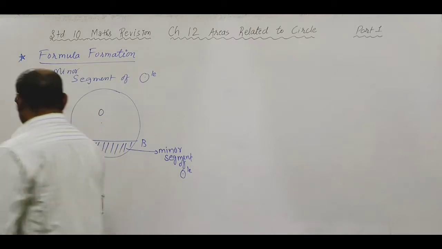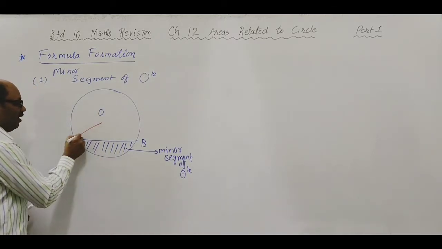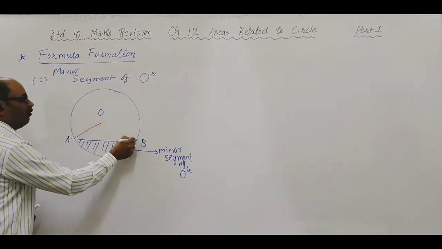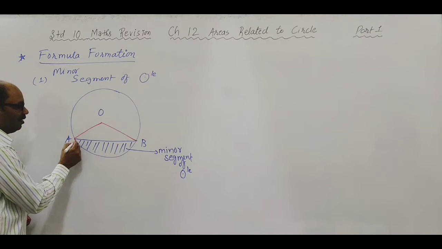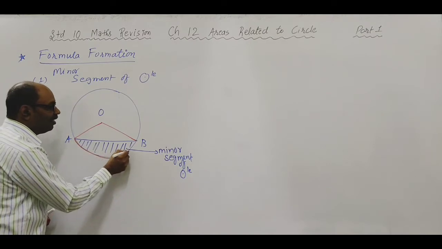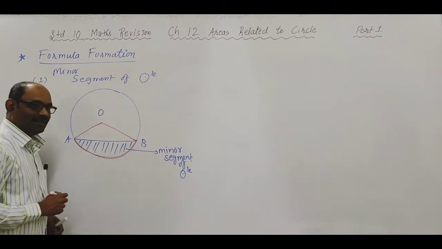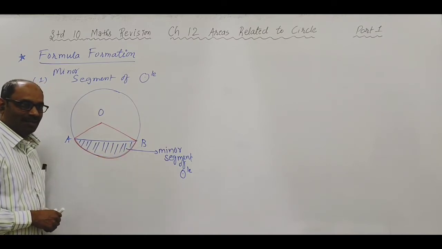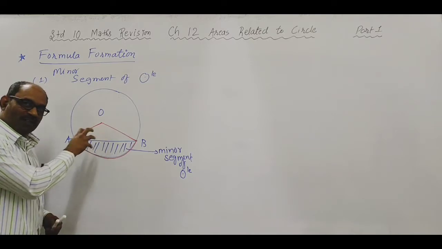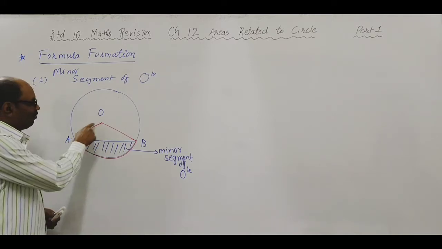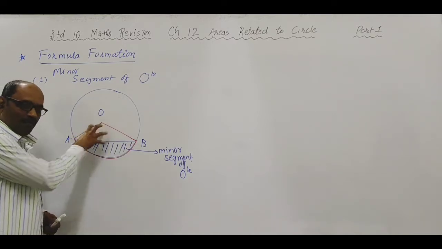Acha. How to find this area? For that, I have to draw the two radii, one from A and other from B. So what is this? Minor sector. I'll first find area of minor sector, which will give me the red boundary portion.